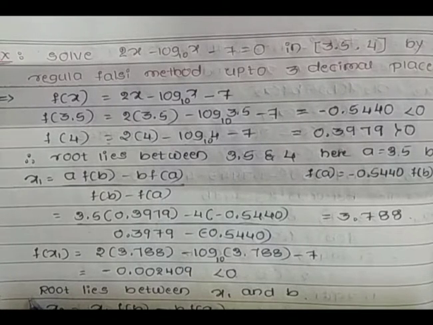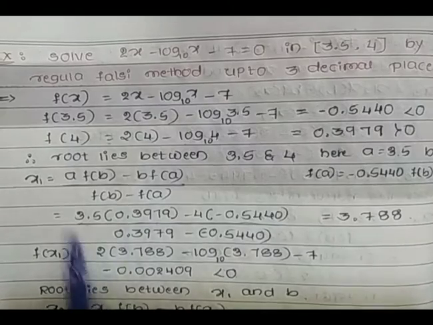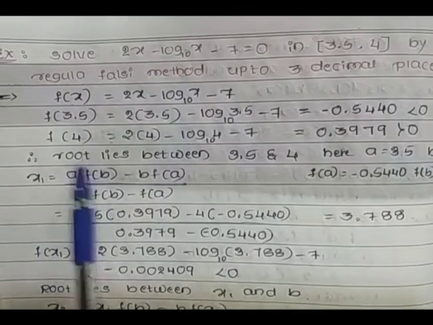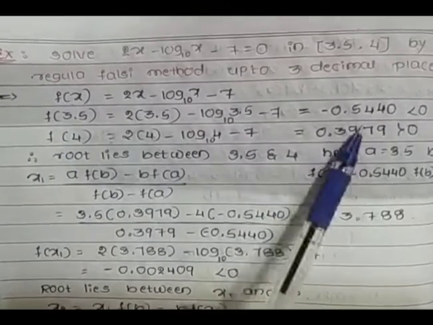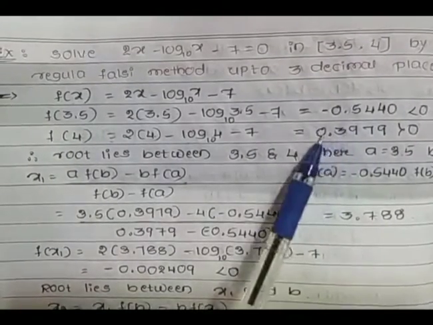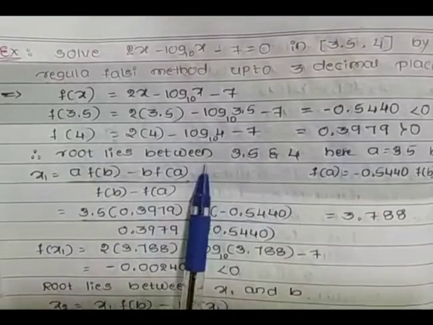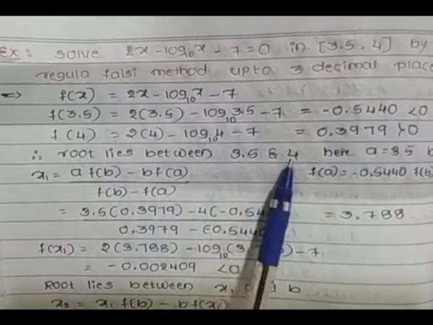One particular root value we will get for this transcendental equation. Okay, so f of 3.5 is negative, f of 4 is positive. These two are of opposite sign. Therefore, the root lies between 3.5 and 4.